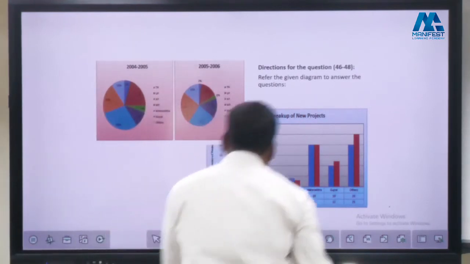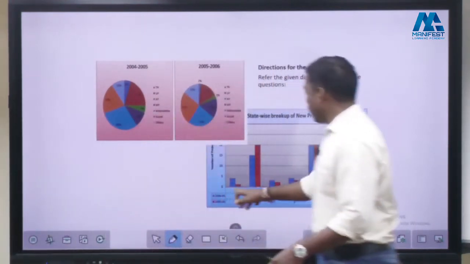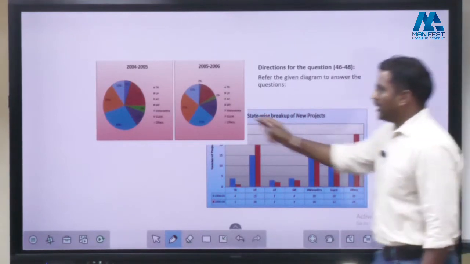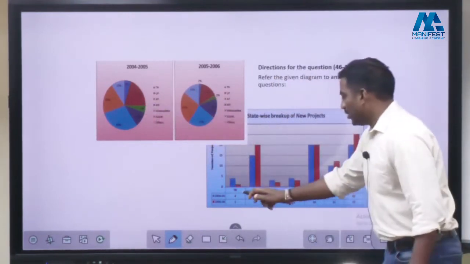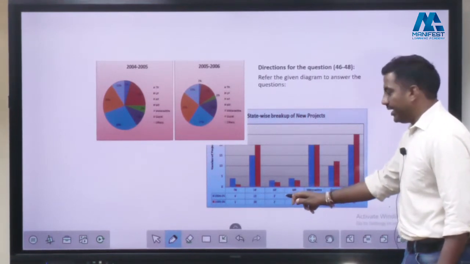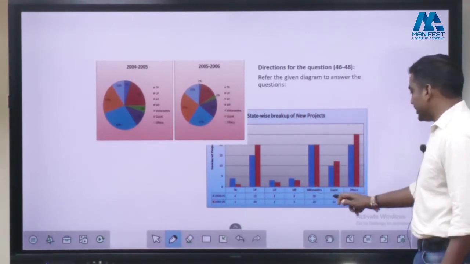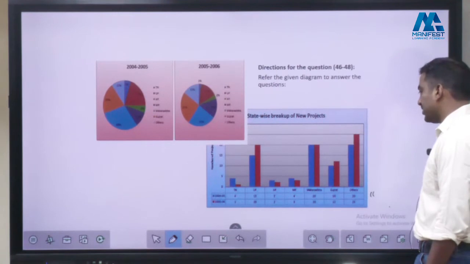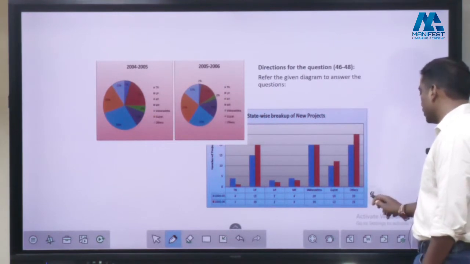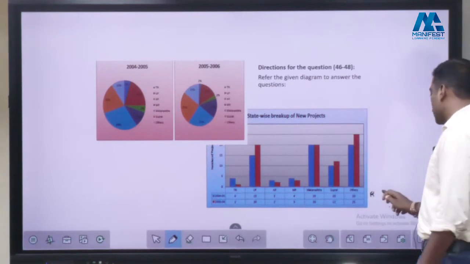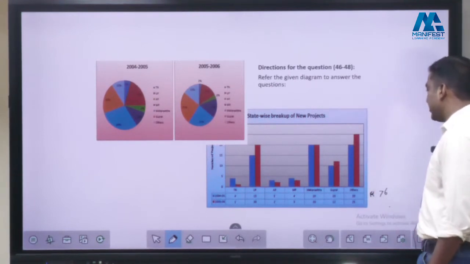So, in 2004-5, if you add all these things, you will get these many. So that is 4 plus 15 plus 3, you add 19 plus 3, 22 plus 4, 26, 46 plus 30, 76. 76 projects.